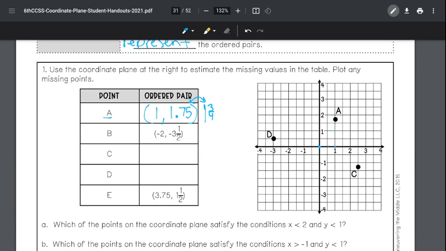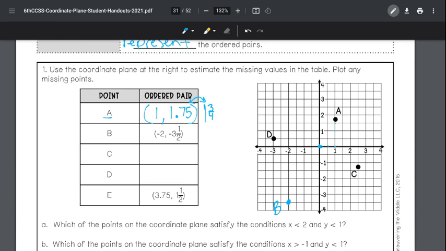Point B says -2, -3.5. So I'm going to go left 2 and down to -3.5. That's where point B should be. C, we have to figure out where it is.